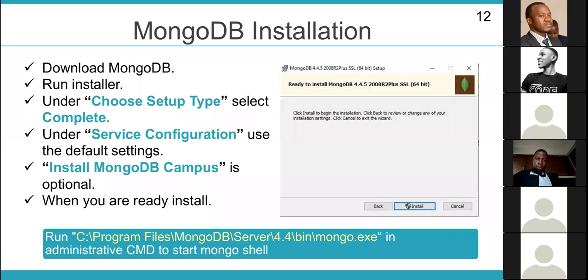I assume that there are no Linux users or Mac users, but if there are, you can go to the MongoDB documentation, and the commands required for installing MongoDB on Linux are pretty simple. And I assume that since you're using Linux, it shouldn't be a problem for you.